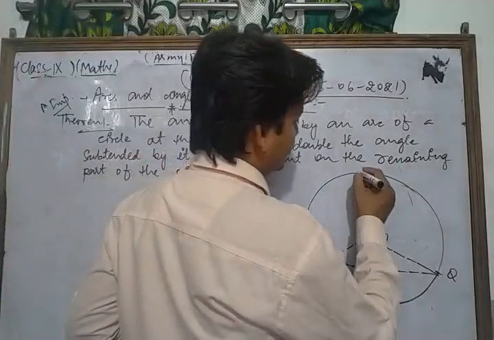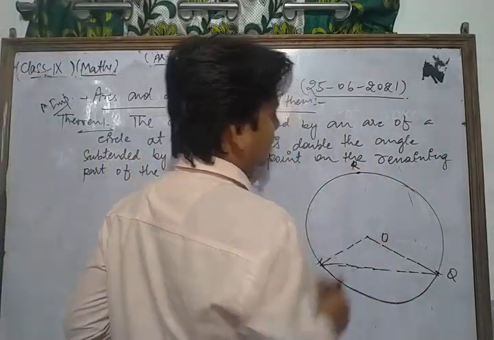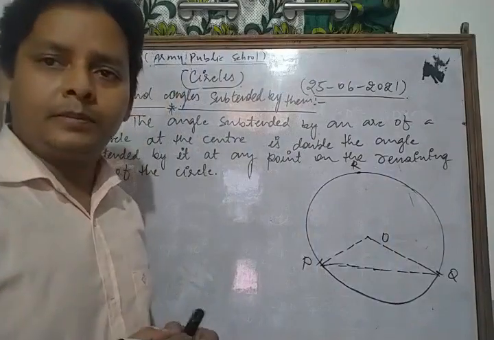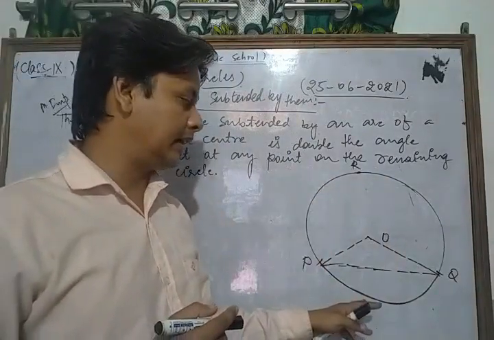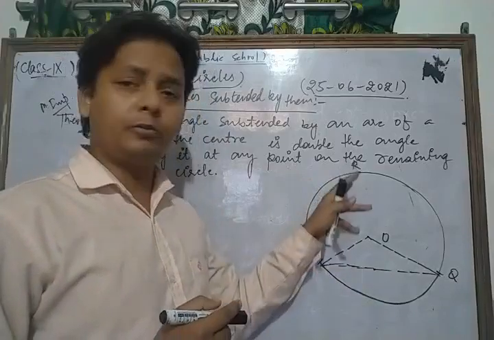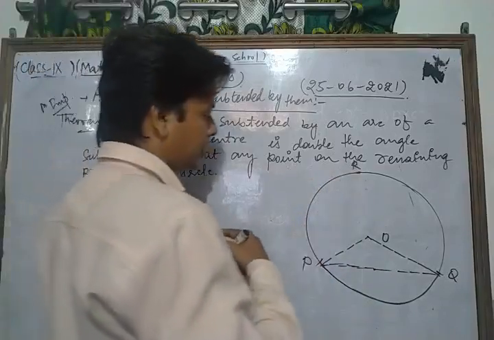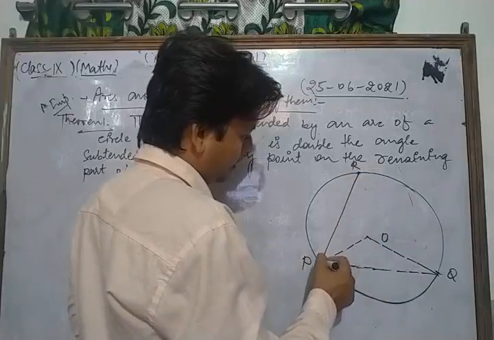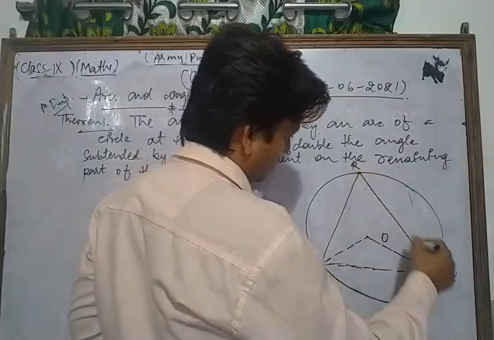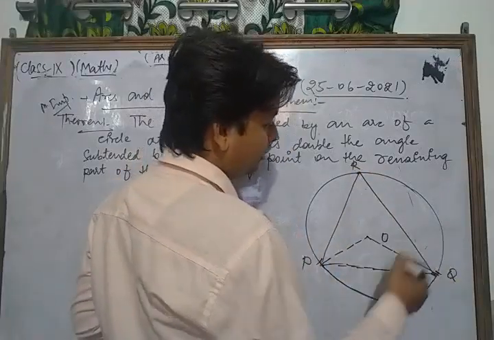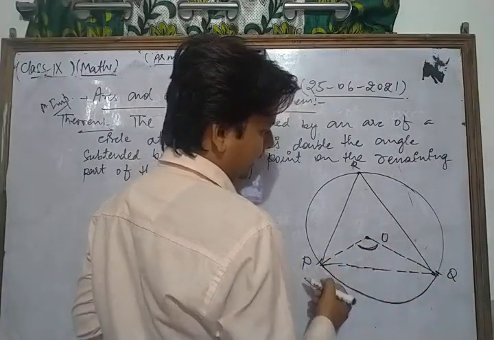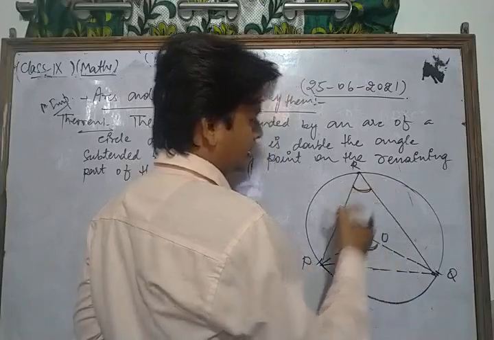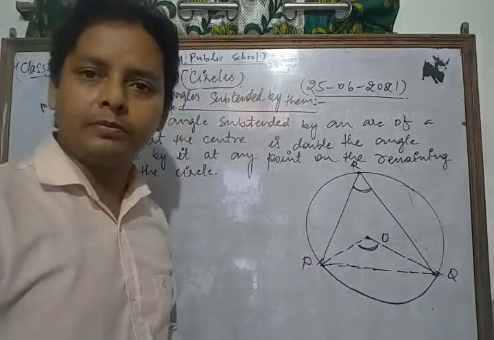Suppose we take R as any point on the remaining part of the circle. Then the angle subtended by that arc at that point is what? We just join PR and QR. So we have to show that angle POQ is 2 times angle PRQ. This is your theorem.